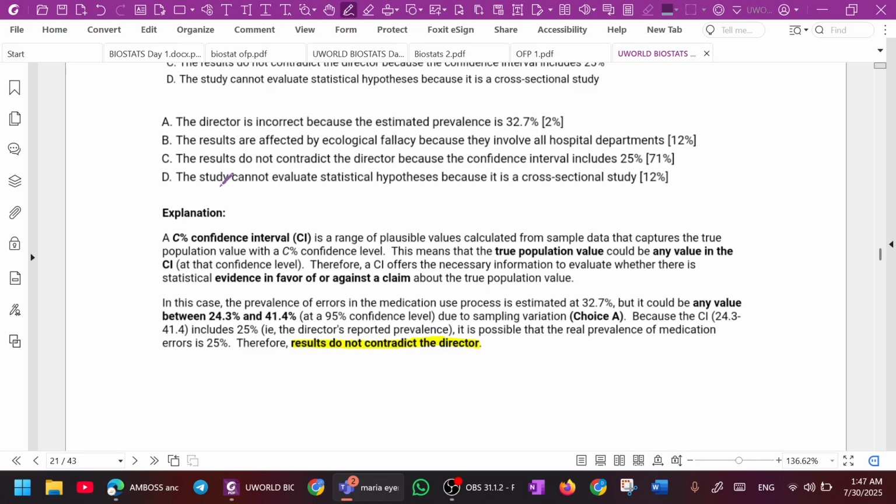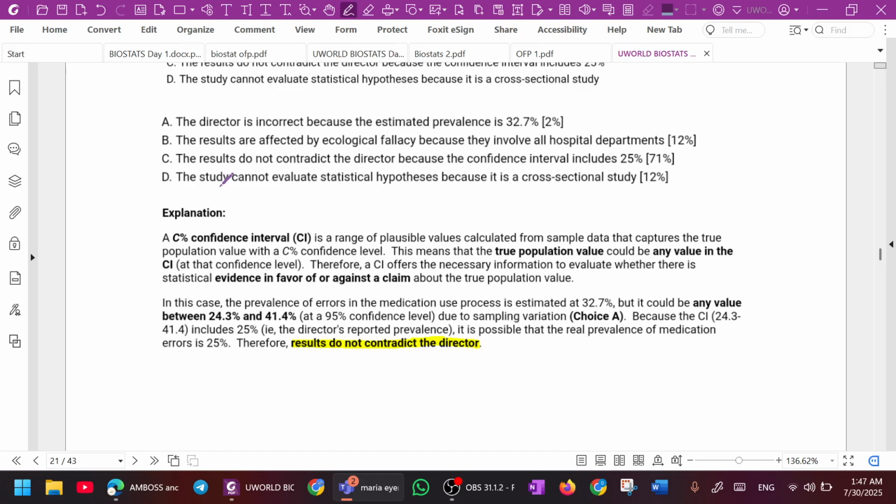And there is still no one, so it's still statistically significant, right? Yes. So they're basically saying whatever value between 24 to 41 can be the number of errors. Does it make sense? Yeah, makes sense.